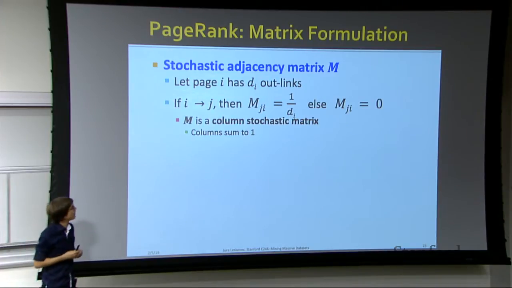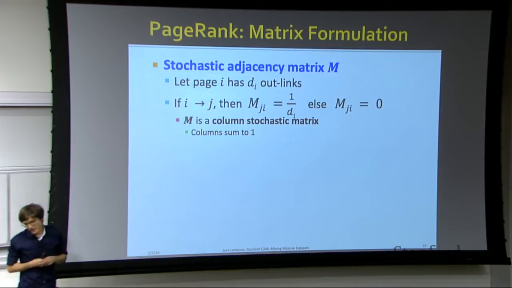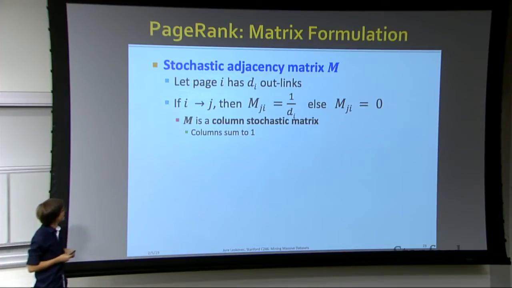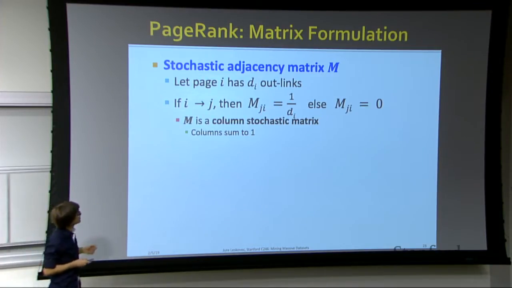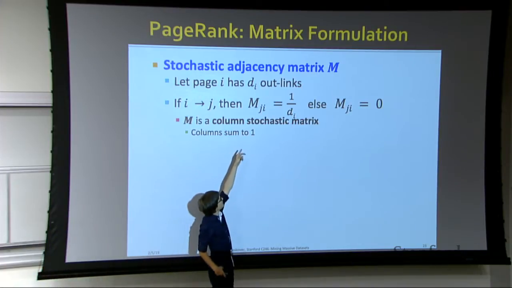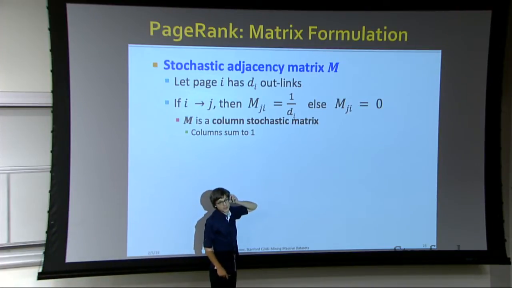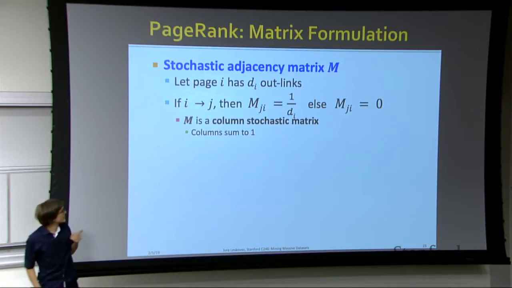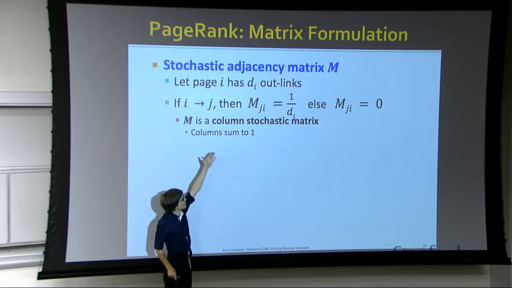So here is how we will do this. We will define what is called the stochastic adjacency matrix M, where we do the following. If page i has d_i outlinks, then if i points to j, the entry M_ji equals 1/d_i, and otherwise it is 0. So essentially what this means is that our M is column stochastic.